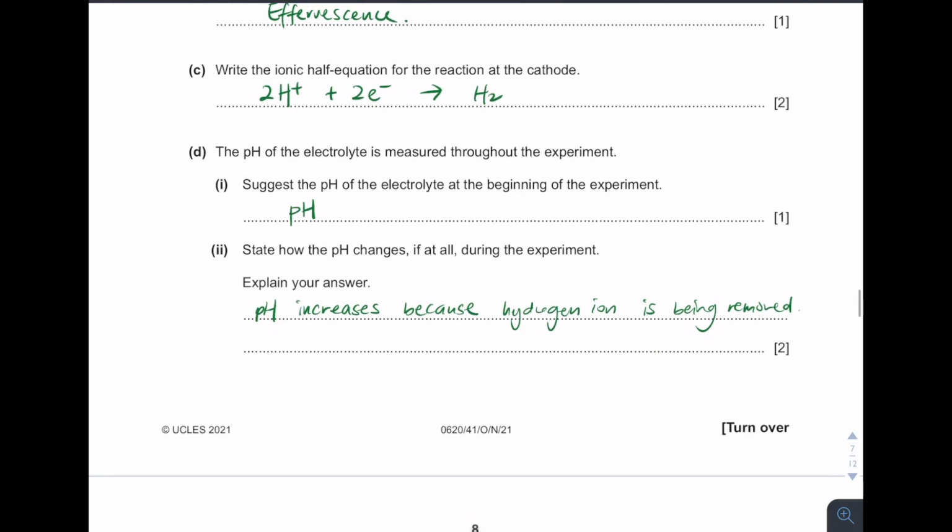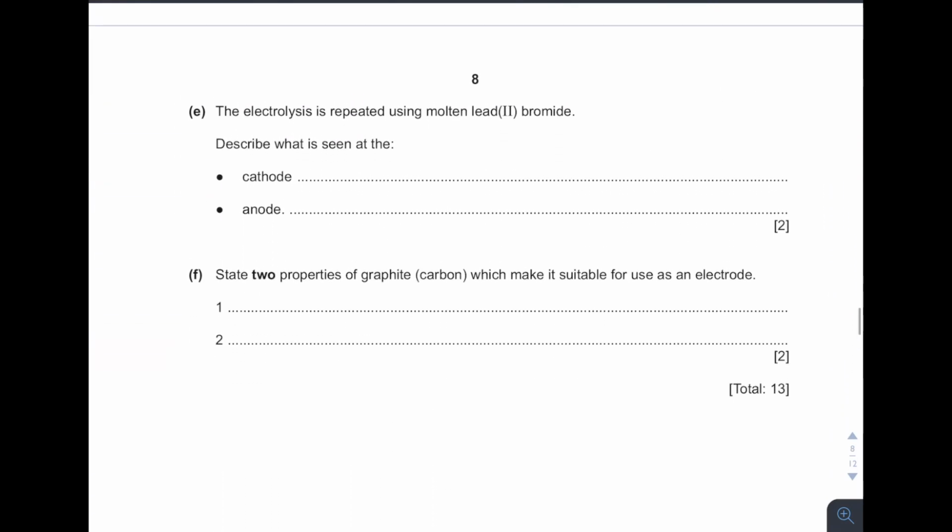Then next one, electrolysis is repeated using molten lead(II) bromide. The difference between molten and aqueous is that in a molten electrolyte there are no hydrogen and hydroxide ions. So the ions present are only lead(II) and bromide, that's it. The cathode attracts positive ions, so lead(II) will get selected to be discharged at the cathode.